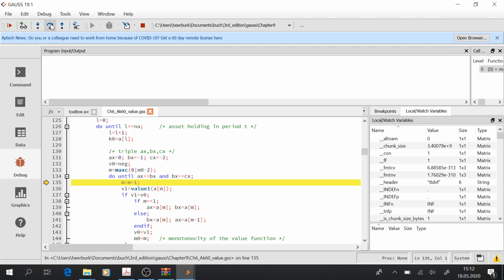And therefore, we want first to find in which interval the optimal next period asset is located, and therefore we look over all grid points that we have.